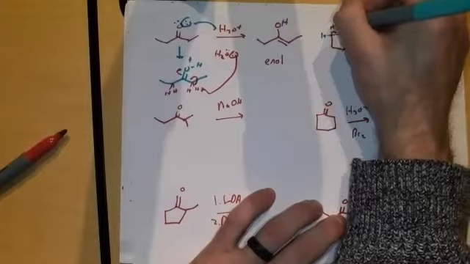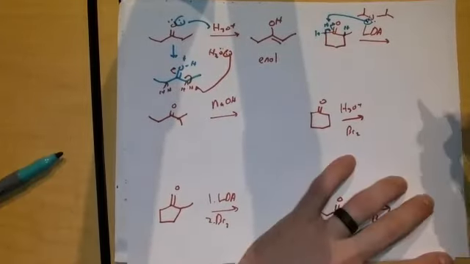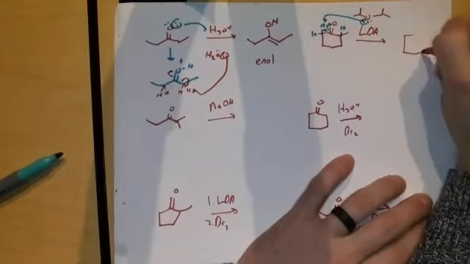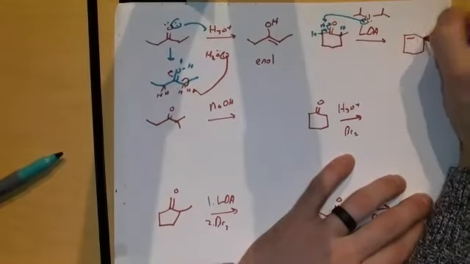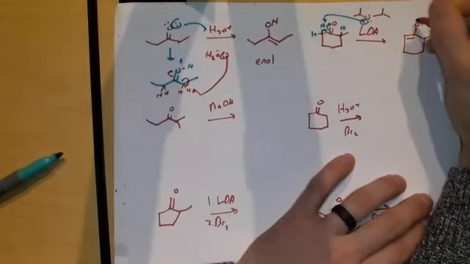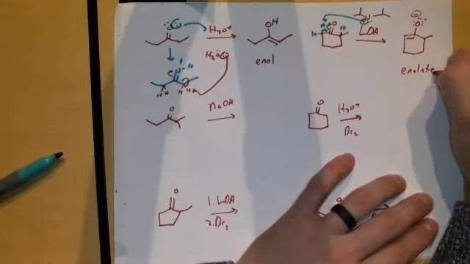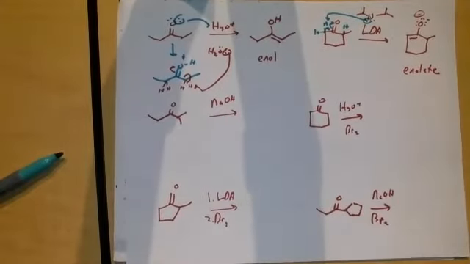So it'll pull off one of these secondary protons here. We're going to generate, in this case, an enolate, which is the negatively charged version of it, like so.